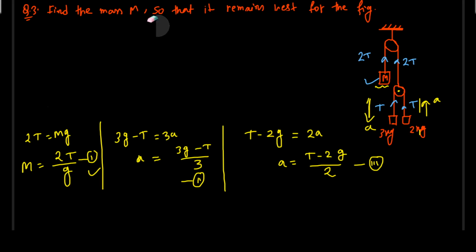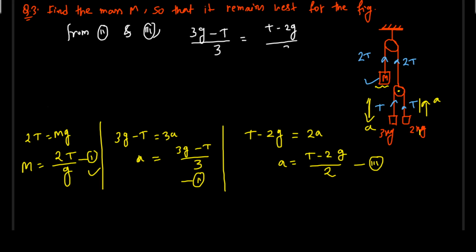So from equations 2 and 3, we can write (3G minus T) upon 3 is equal to (T minus 2G) upon 2.